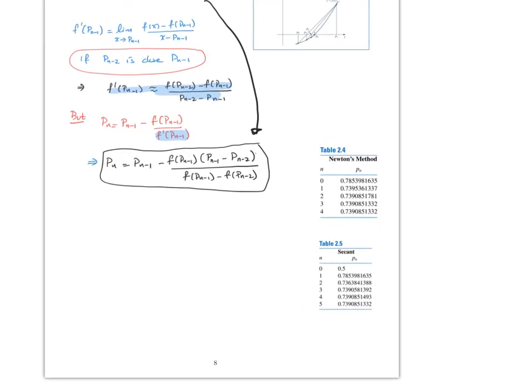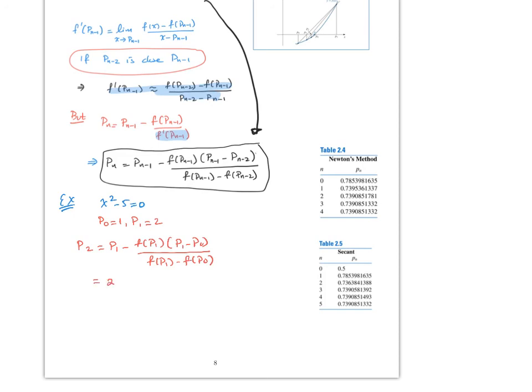Alright, so now we use this method to solve the problem we did before. Remember, we have x squared minus 5 equals 0. But now we're going to require two initial points. So let's say that p0 is 1 and p1 is 2. Therefore, p2 is going to be p1 minus f of p1 times p1 minus p0, divided by f of p1 minus f of p0.